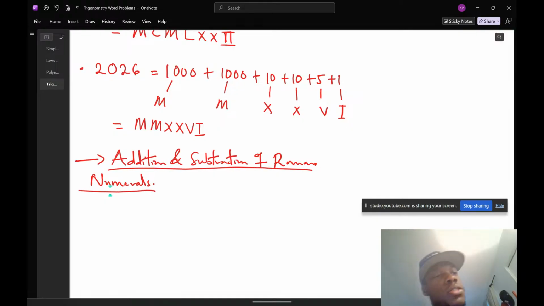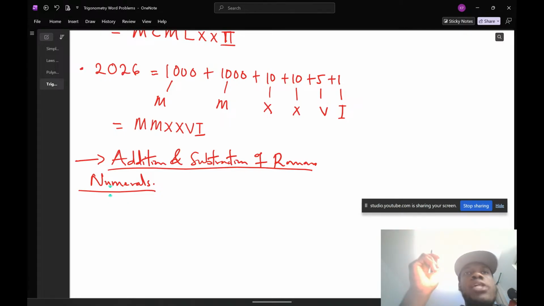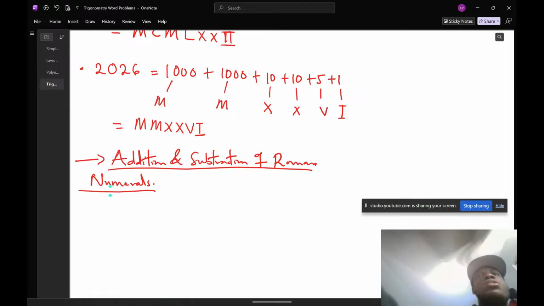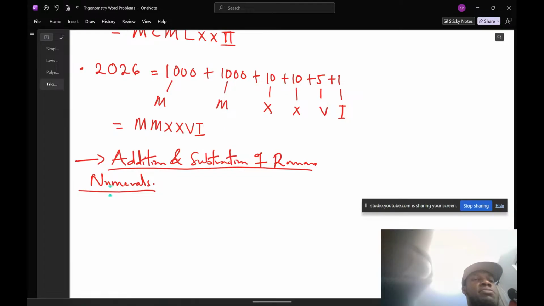When we want to do the addition and subtraction of Roman numerals, we are going to first convert each to natural numbers, and then we add or subtract, and then convert it back to Roman numerals. So now I'm going to do the addition of Roman numerals first.